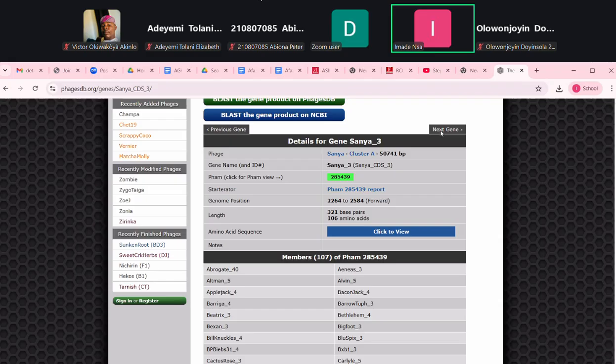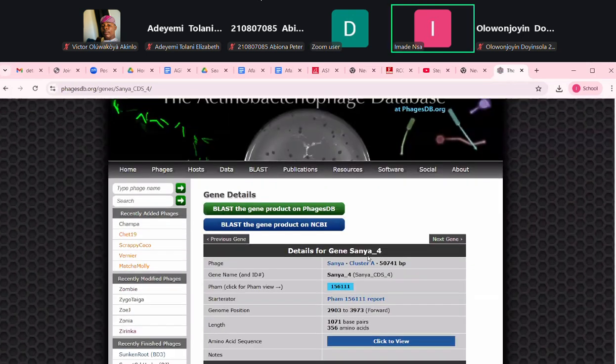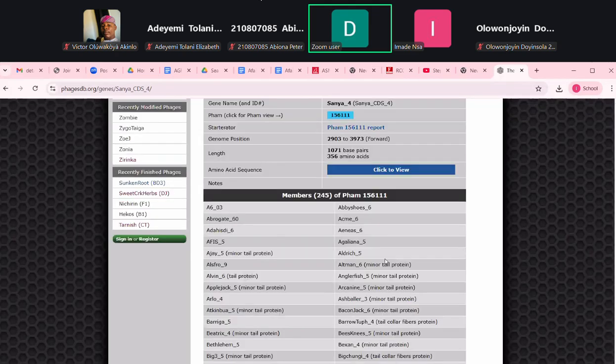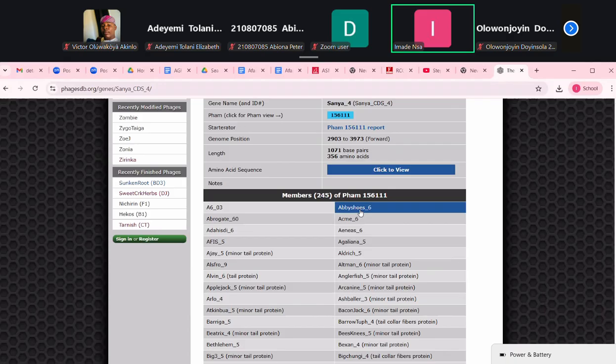Let's look at another gene, so you can have screen displays, because they're wondering how is she going to test us. So let's take this one that is a minor tail protein. What does this mean? If we investigate, it has a minor tail protein like Acanine, it has a minor tail protein like Anglerfish, and it says they belong to the same protein family, 15611.